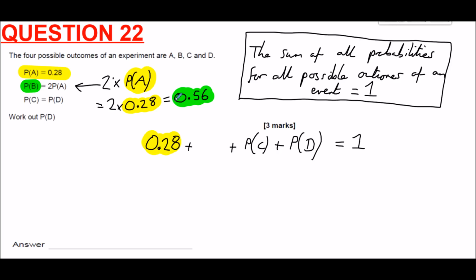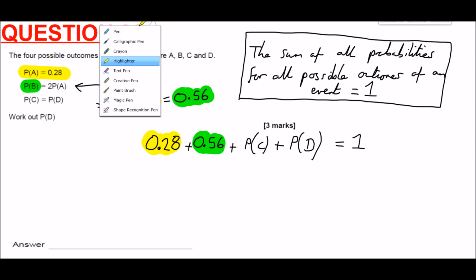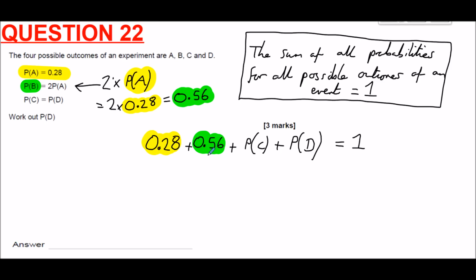So little by little we're adding information to this question to make it solvable. So 0.28 plus 0.56 plus these two equals 1. So what we can do is neaten this up slightly by combining these two values.